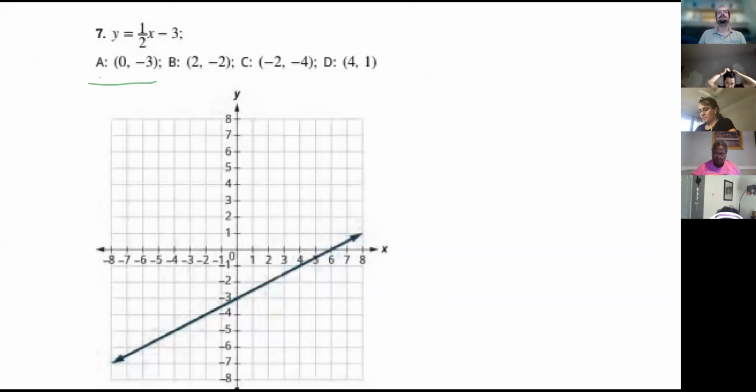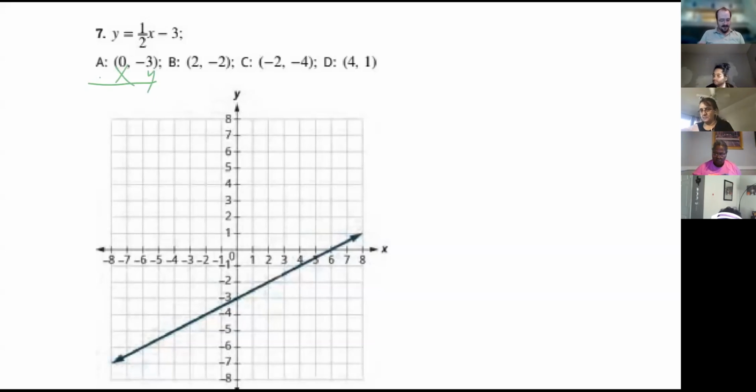Like, we pick x equals 0, and then we use the equation to find y, and x is 0 and y is going to be what? Minus 3. Yeah, okay. So x is 0, y is minus 3. That's what our ordered pair here tells us. This is x. This is my y here.